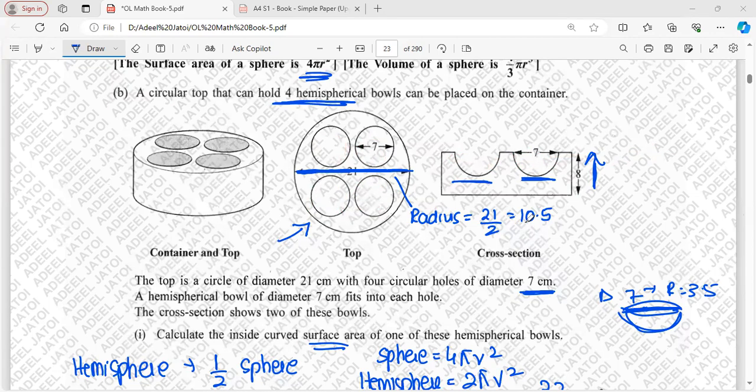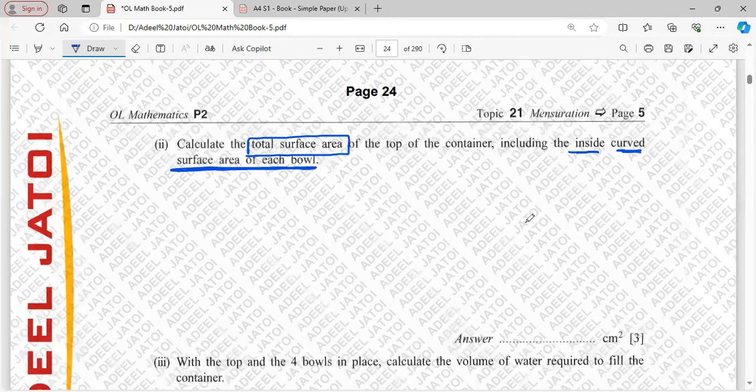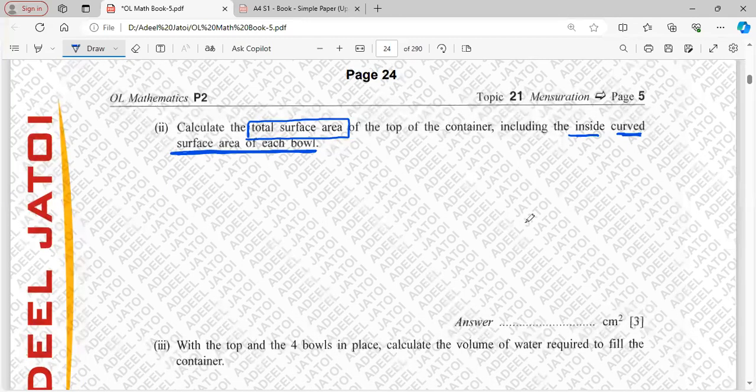So what do we have? We can take this using number 1, the area of the large circle. The area of the large circle means pi r square, which will be pi, and the diameter is 21, so 21 upon 2 square. So this should be 441 upon 4 pi, right?